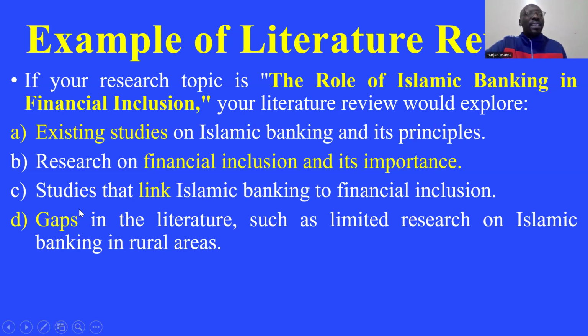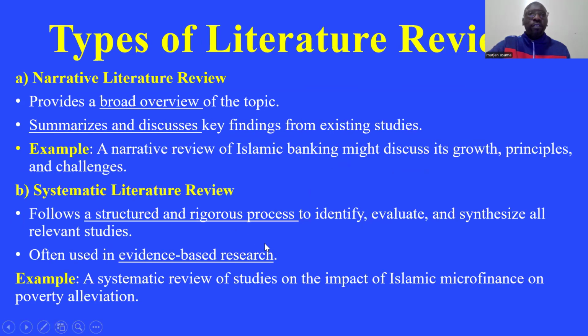Then number three, studies that link Islamic banking to financial inclusion. Then gaps in the literature, such as limited research on Islamic banking in rural areas. So you need to find the gaps after a thorough literature review.